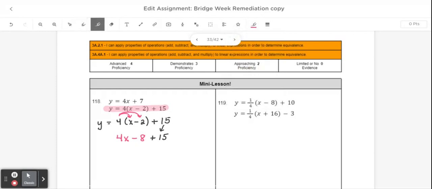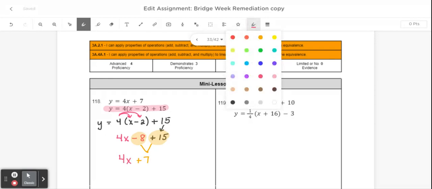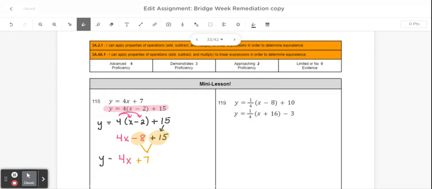Now, in this case, the like terms would be the terms that do not have an x because both the -8 and the 15 do not have x's. So when I combine those, the -8 plus 15 is +7. And we're going to go ahead and just copy down the 4x and the y equals. I'm not changing anything. I'm just copying them down.